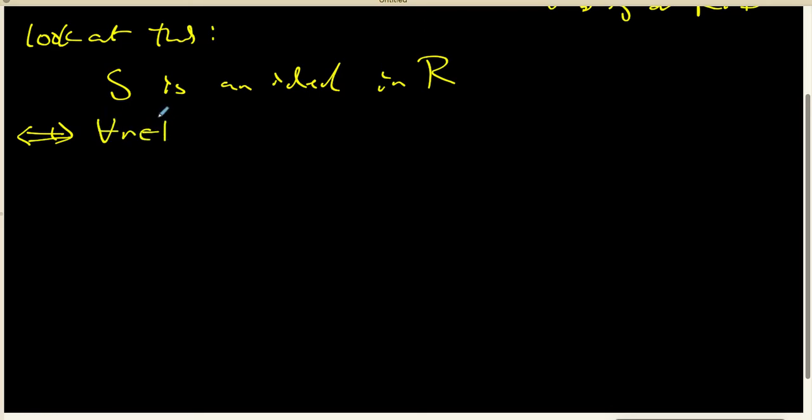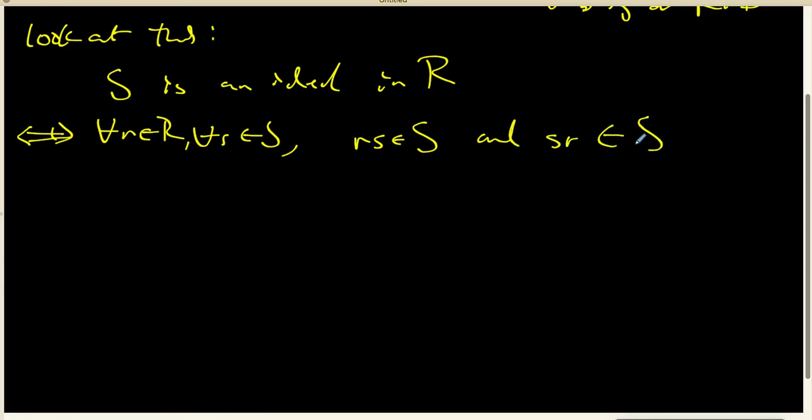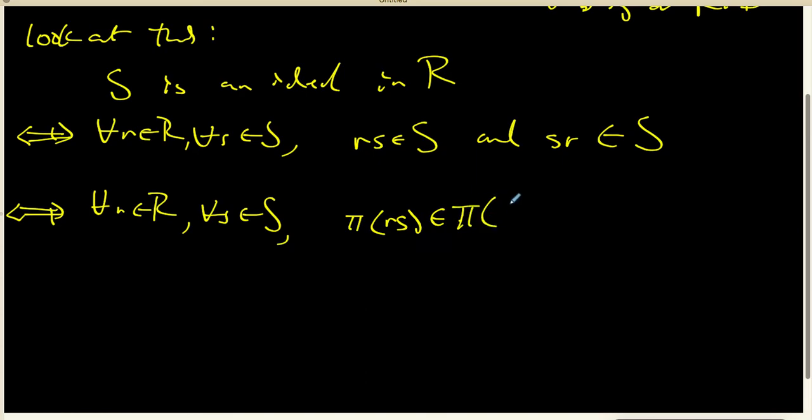For all r inside R and all s inside S, rs has to be inside S, and sr has to be inside S. But this statement here will be true if and only if we have, for every r inside R and every s inside S, pi of rs has to belong to pi of the subring S, and pi is the canonical map, remember.